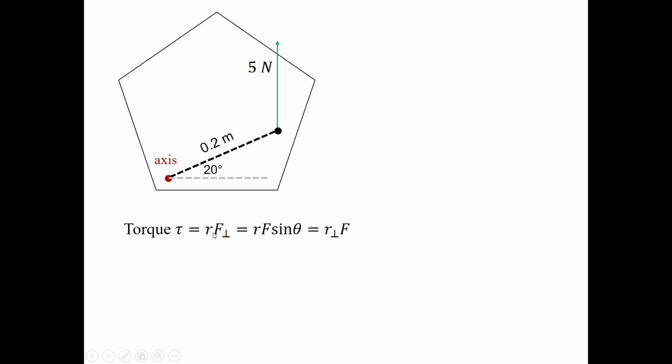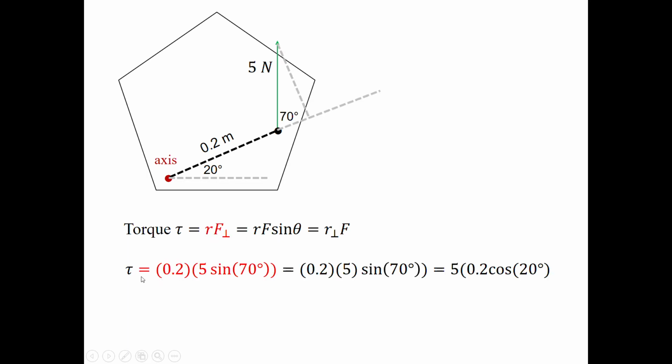So I'm going to show how to do this with all three of these definitions. Using the first definition, what we could do is take only the component of force which is perpendicular to the line that contains the r vector.